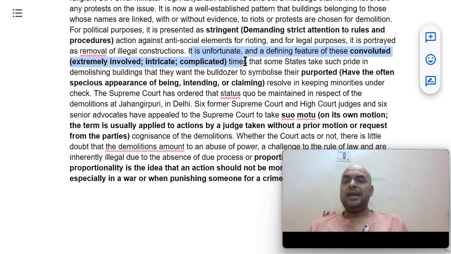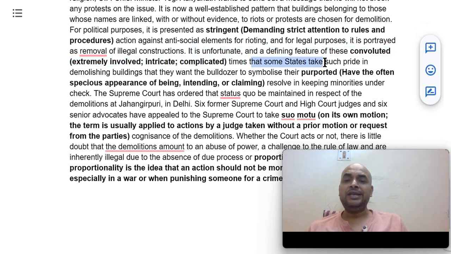And what is a defining feature of these times is that some states take such pride in demolishing buildings that they want a bulldozer to symbolize their purported resolve in keeping minorities under check. States like Uttar Pradesh take pride in demolishing buildings, especially of Muslims, and they want the bulldozer to symbolize their resolve.